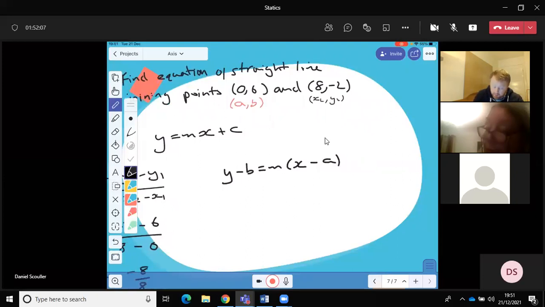So where the letter b is, we put that y, equals the gradient, which was -1, times x minus a, which is 0.